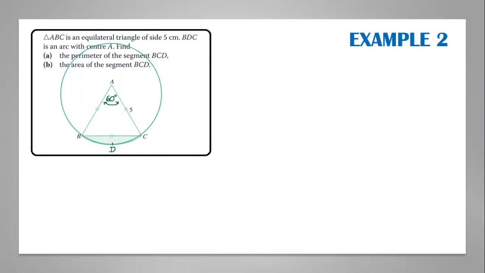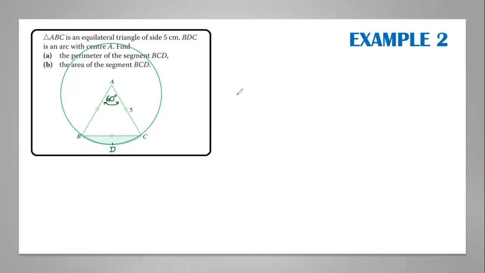So based on the circle, we got information that we have sector ABC, right? How many shapes do you find on the screen? Based on the question, of course. That's correct. There are two shapes.